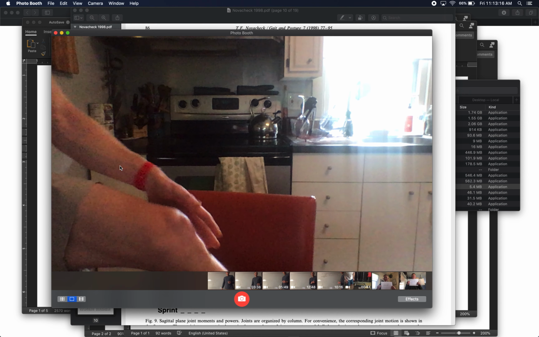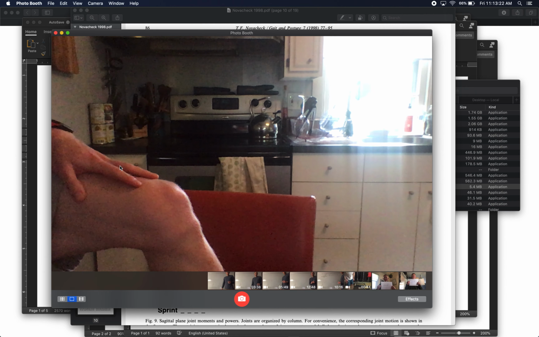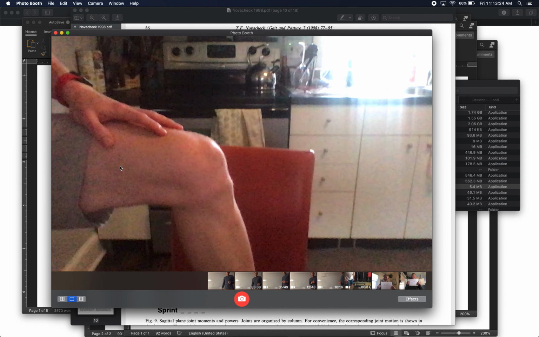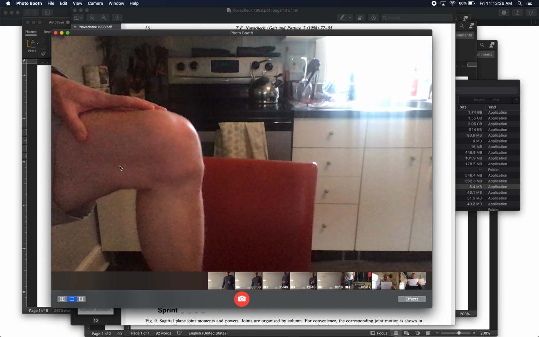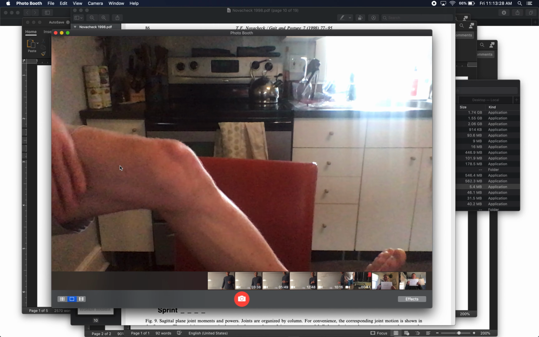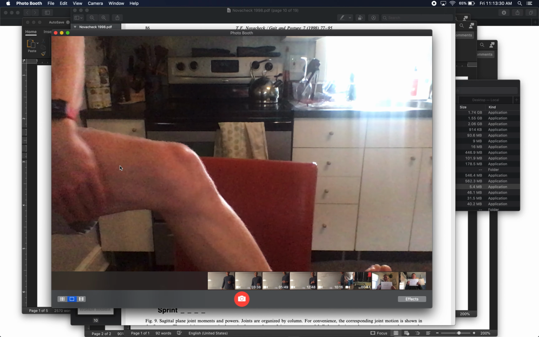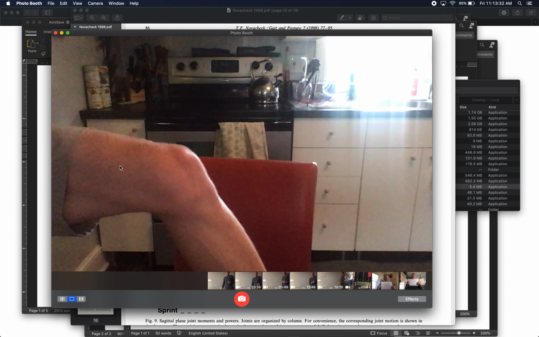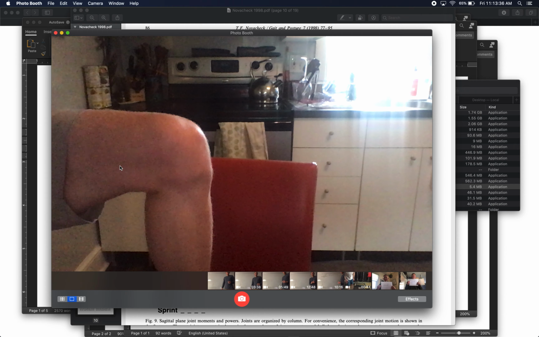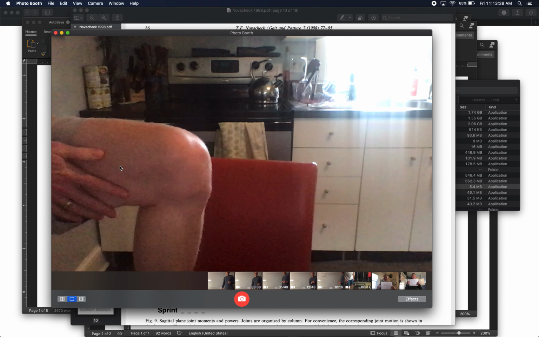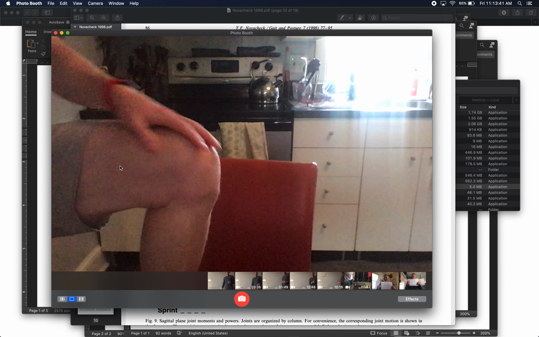The further that I extend the joint, the shorter those muscles get. Okay? And then on the other side of things, the further that I extend this joint, the longer my flexors, the longer my hamstrings get. Okay? And then opposite story in the opposite direction. As I flex the joint, my flexors get shorter and my extensors get longer. Okay?